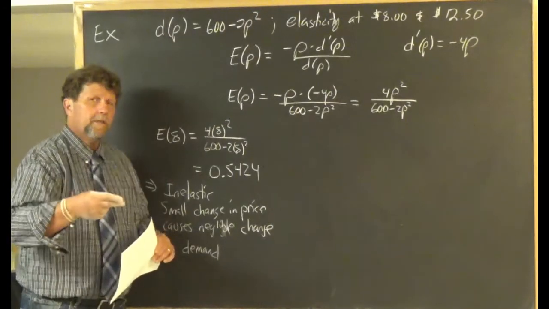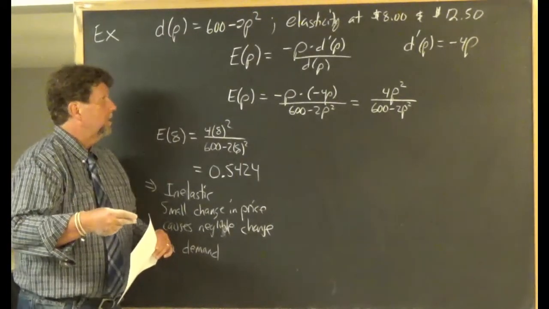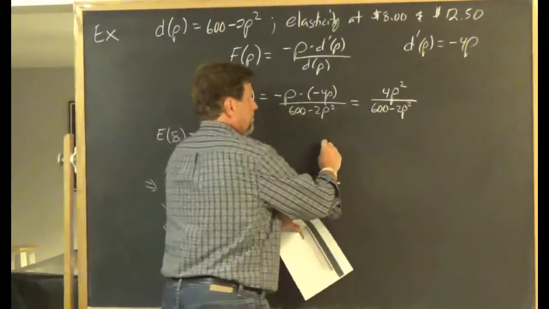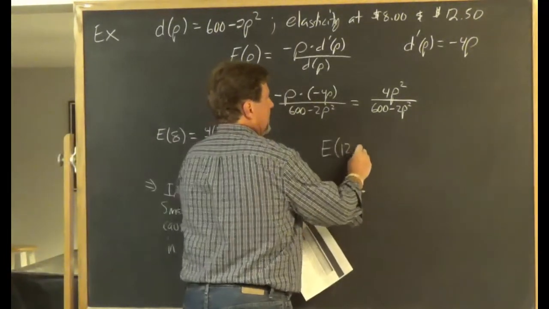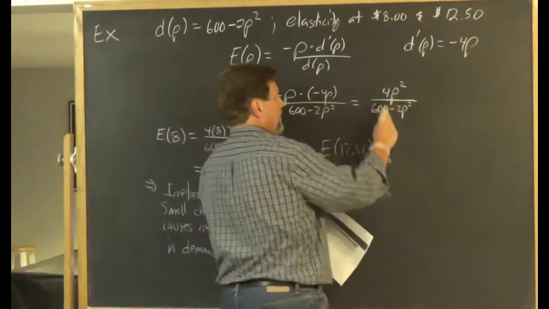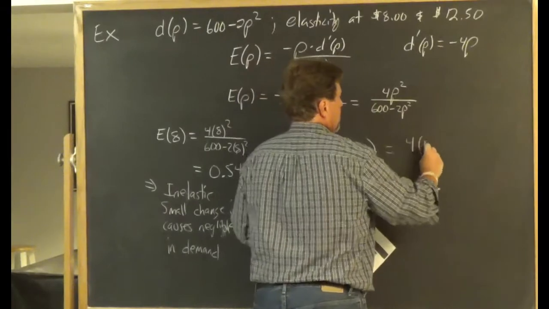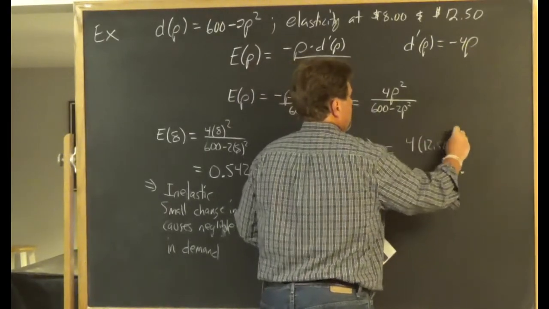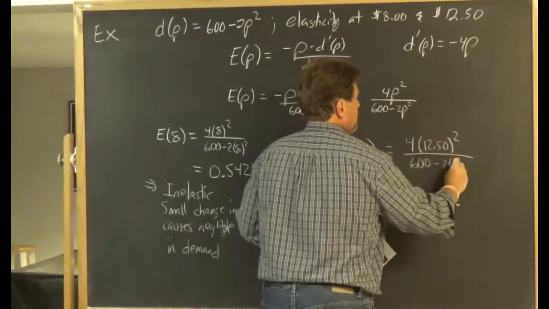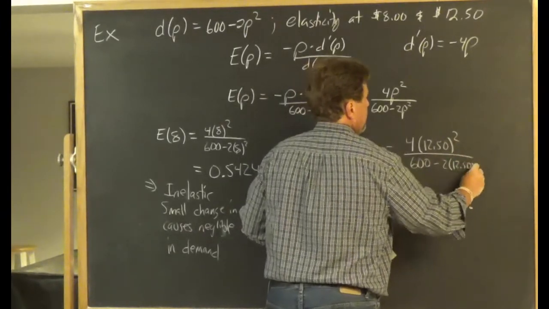Okay, well, what if the cost of the book is $12.50? Well, let's compute the elasticity of demand if it's $12.50. So let's put $12.50 in here for the P's, and 600 minus 2 times 12.50 squared.